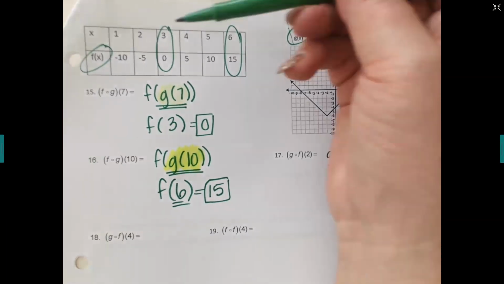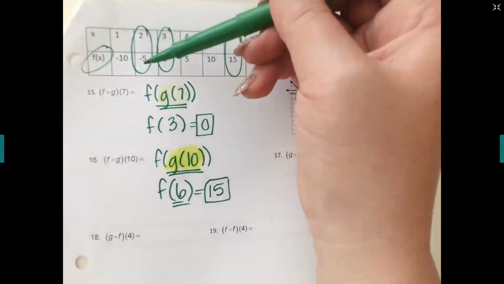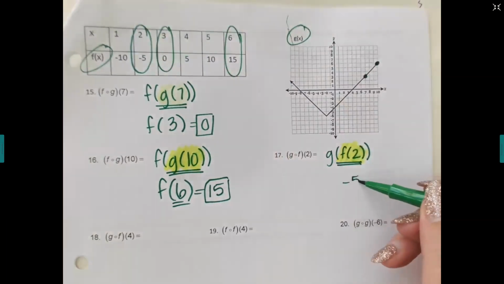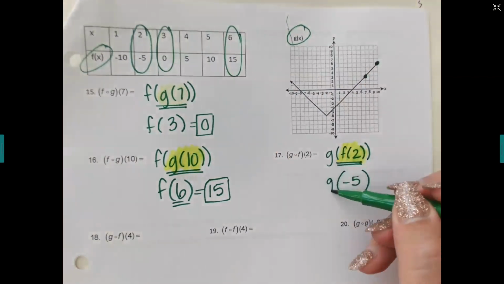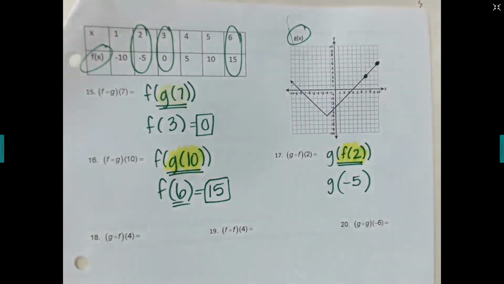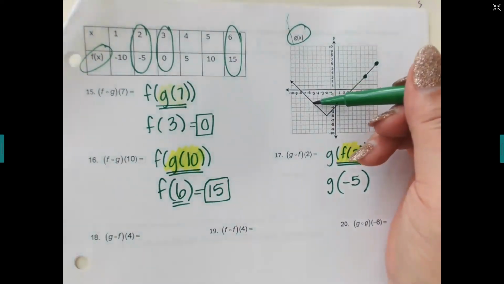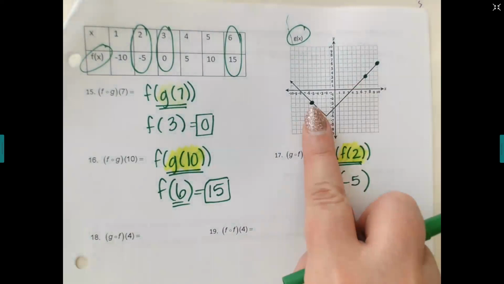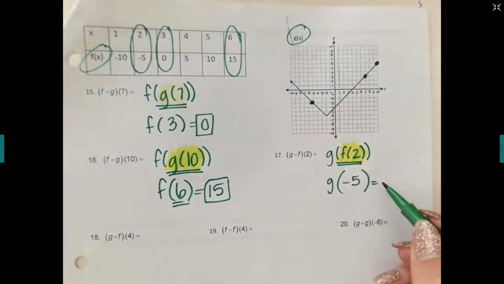So I would come over here to 2. I see my Y value is a -5. And then I'm going to plug that into G. Then look at your graph G. -5 is over here. So I see my Y value is -3.